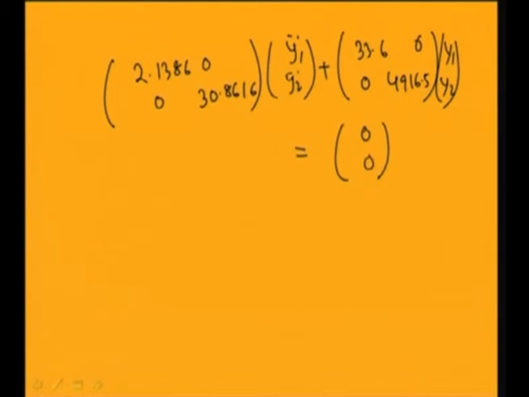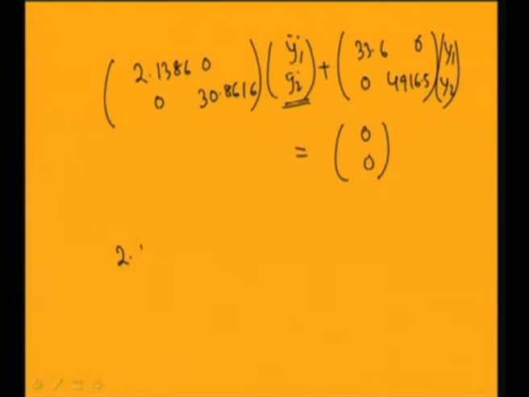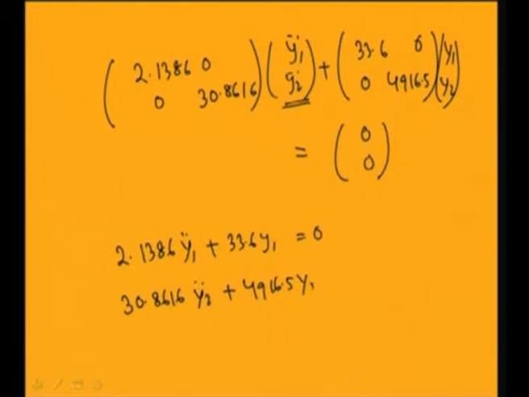In this case you can see that by using the coordinates y1 and y2, both the mass matrix and stiffness matrix are uncoupled, that is, the off diagonal terms are 0. So you can write these as two single degree of freedom equations: 2.1386 y1 double dot plus 33.6 y1 equal to 0. This is the first equation and the second equation becomes 30.8616 y2 double dot plus 4916.5 y2 equal to 0.